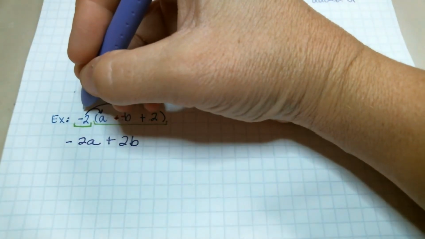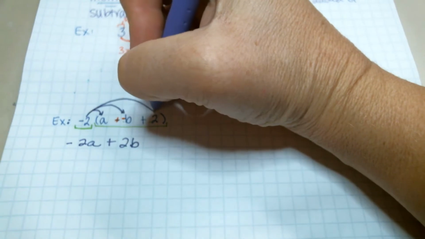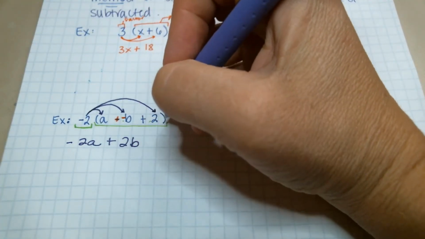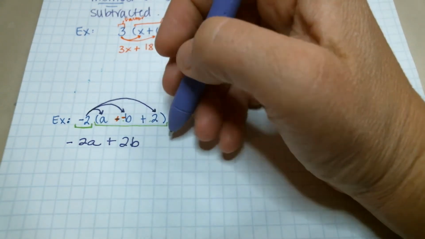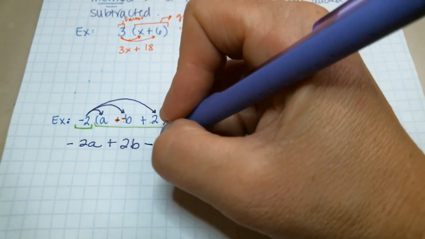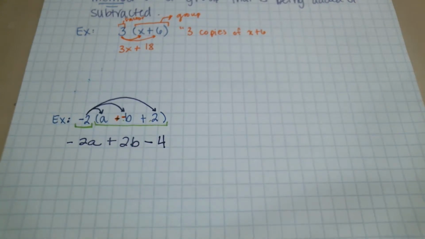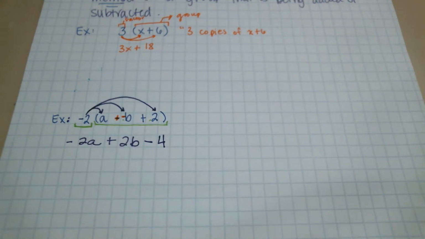And then don't forget that third term, negative 2 times positive 2. Now you could write this as plus negative 4, but the way you'll see it written in algebra class is just minus 4. So remember, since that 4 has a minus sign, it's negative. And that's it. That would be your solution, negative 2a plus 2b minus 4.